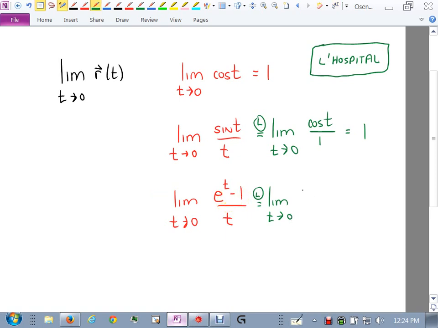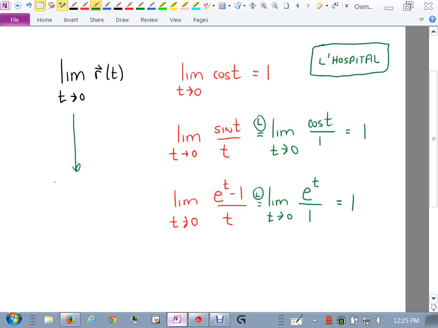E to the t, right? The derivative of e to the t is itself. The derivative of negative 1 is 0. Now the derivative of the bottom is 1. Now let t become 0 again. E to the 0 is 1. 1 divided by 1 is 1. So we get our limit.